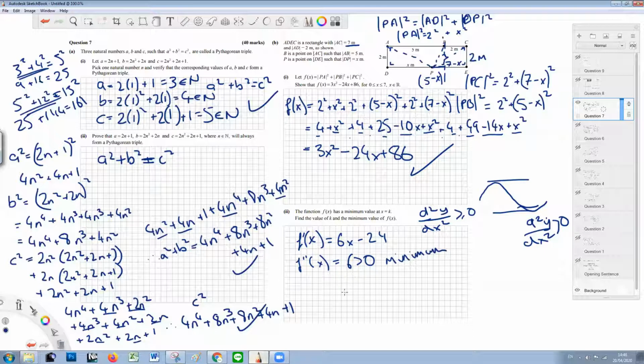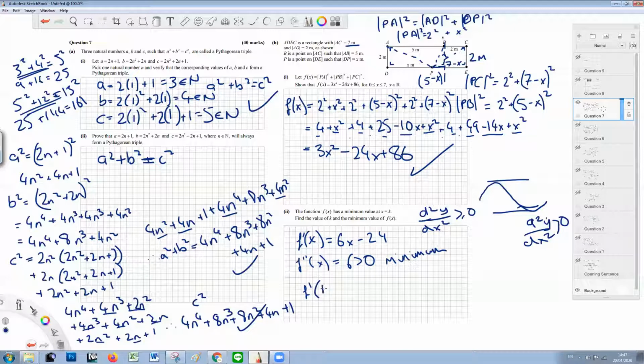So with that in mind, I go back to my first derivative, which is this one, and I sub in a value for k for x.